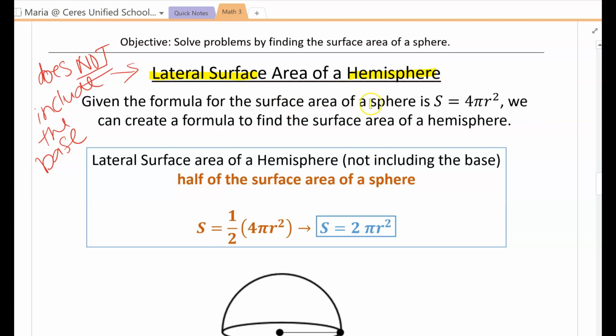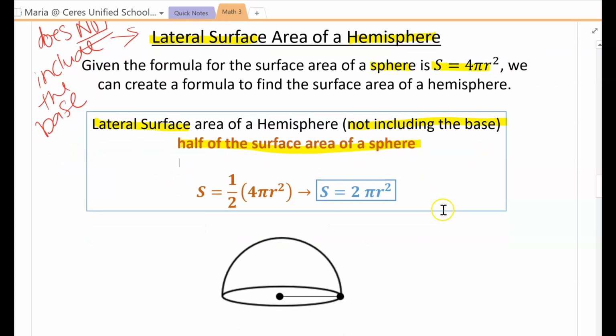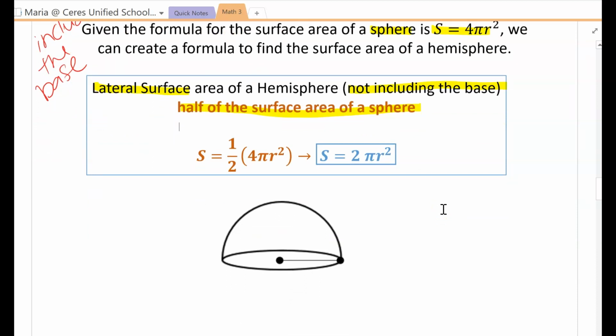For my lateral area formula, notice again, it's not including the base. The surface area of a sphere is 4 pi r squared, so we can create the formula for the hemisphere. The lateral area, not including the base, is half the surface area of a sphere. If you have a plastic ball and you cut it in half, it's going to be hollow on the base.